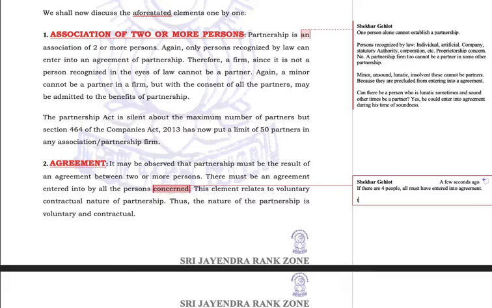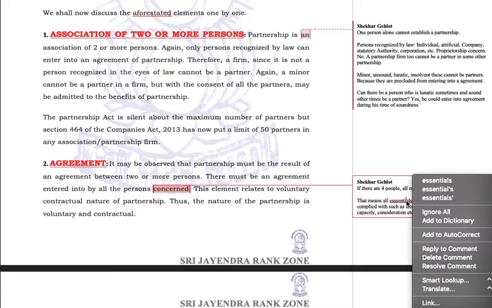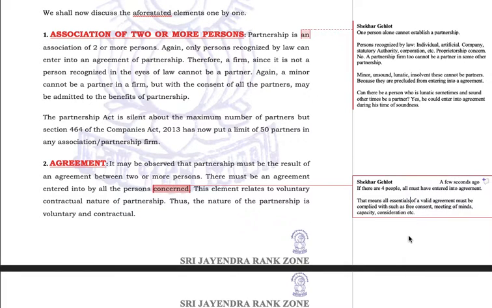This element relates to the voluntary contractual nature of partnership. That means all the essentials of a valid agreement must be complied with when you are entering into an agreement to enter into a partnership.